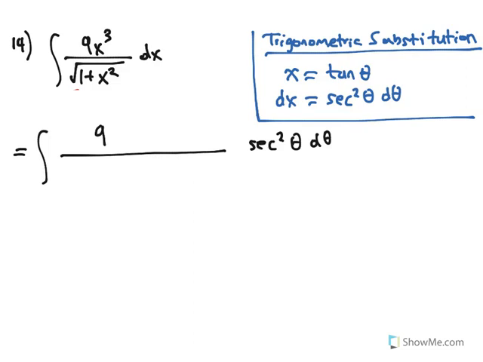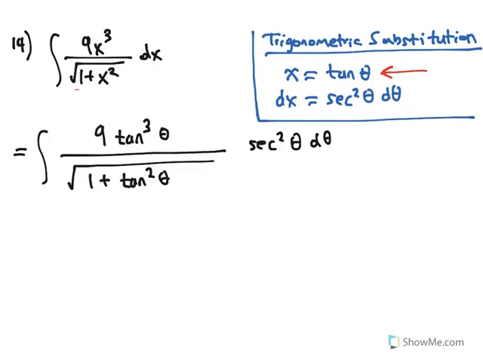We know x is tangent theta, so x cubed would be tangent cubed theta. In the denominator we have our radical expression, the square root of 1 plus x squared, and x squared would be tangent squared theta because x is tangent theta. So you can see that we've done our change of variables step.